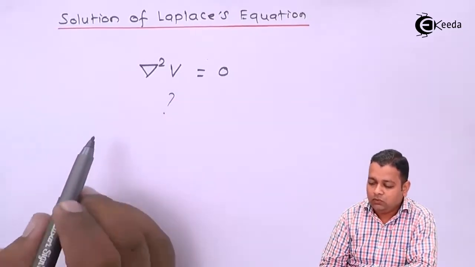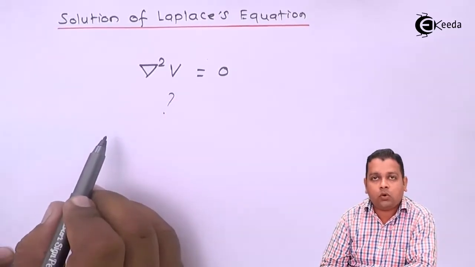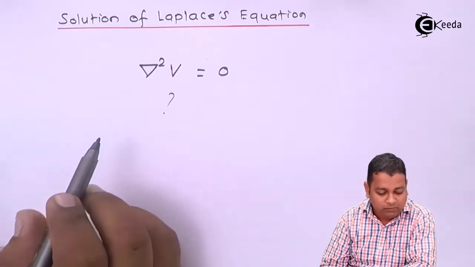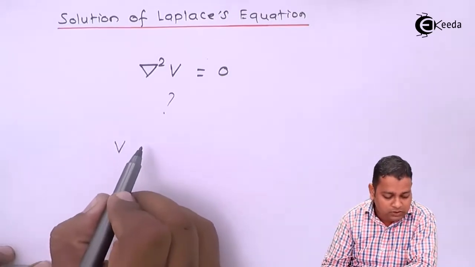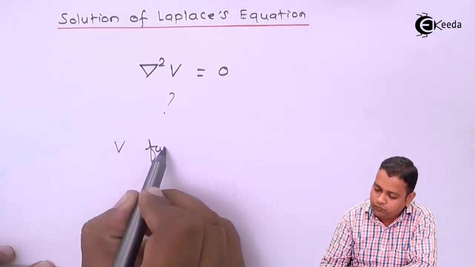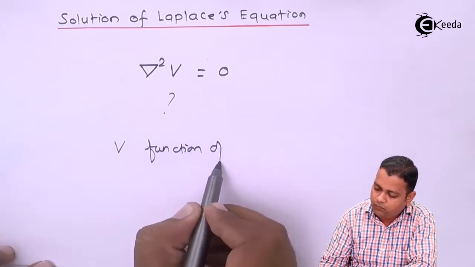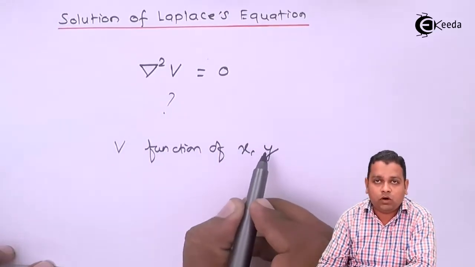Initially we consider V to be the potential onto a plane. Let us say the plane formed by xy. Hence V is a function of small x and small y.